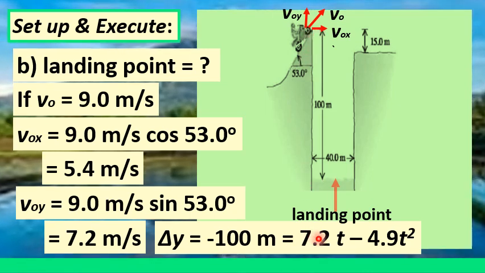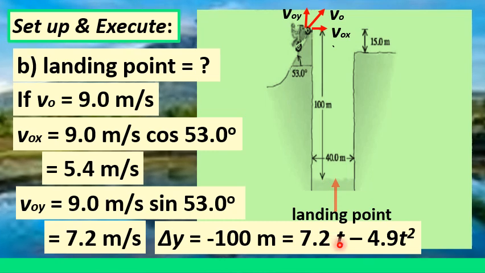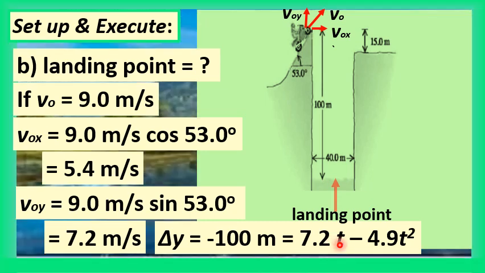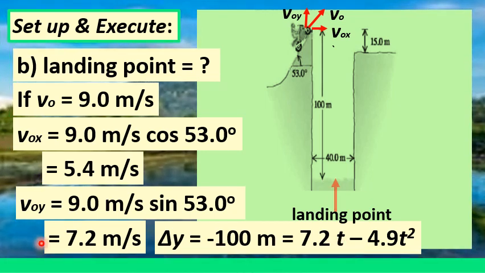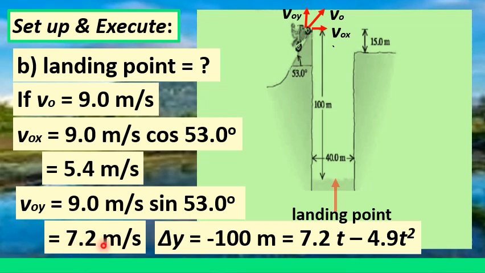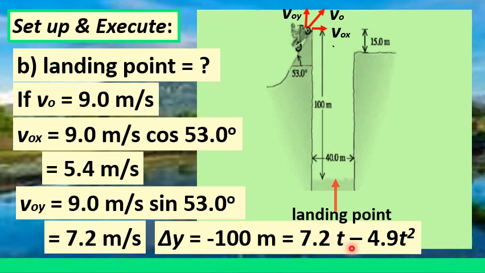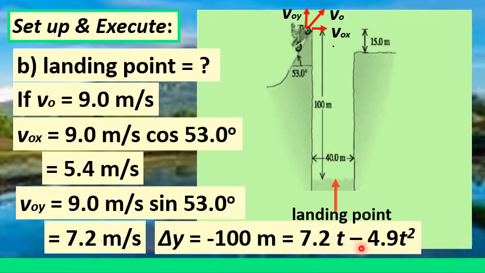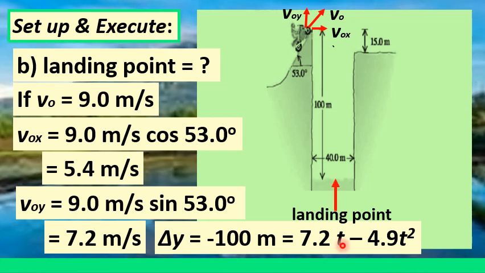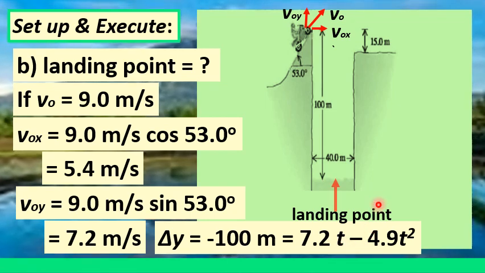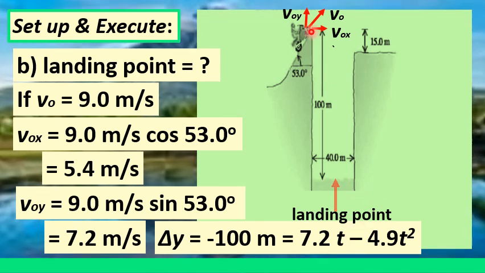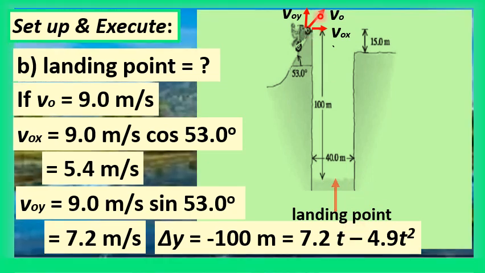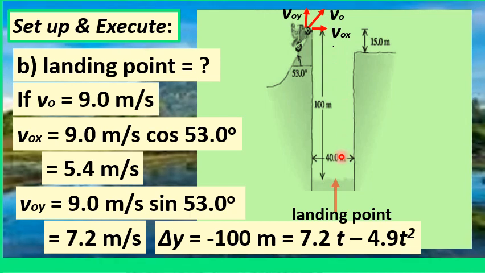And that's equated to the product of the vertical component v naught y, which is equal to 7.2 meters per second, and the time t. So our target variable here is the time t, defined here as the time for the cyclist to land.